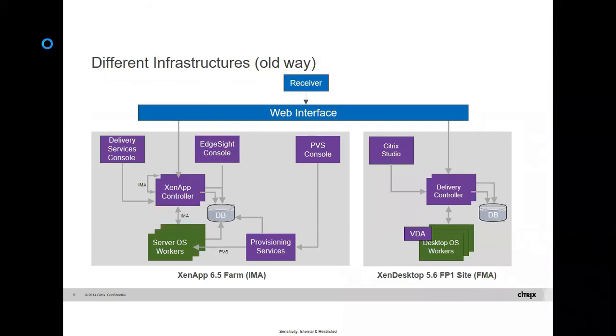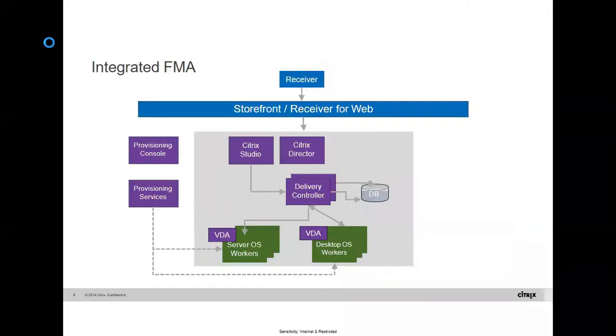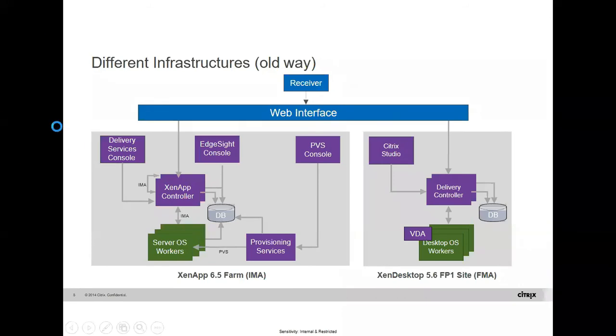Coming to this one, how our old environment looked: you can see on the left-hand side, this is Citrix XenApp 6.5. If you remember, you were managing the migration project and handled it very well, right, Bhatik?